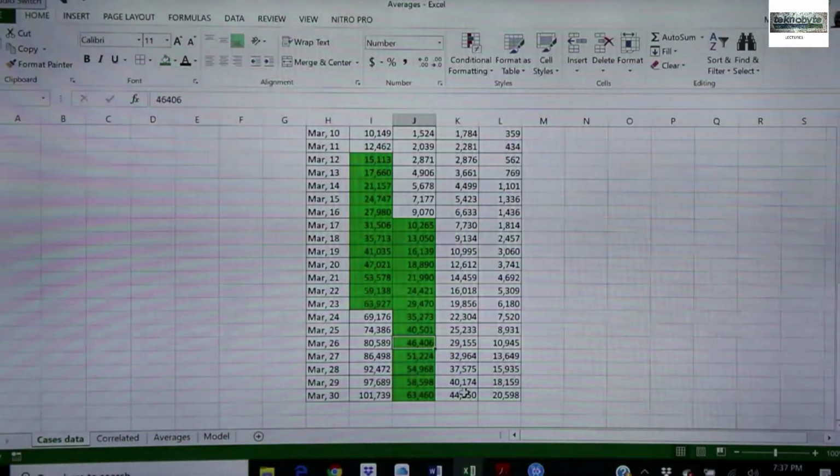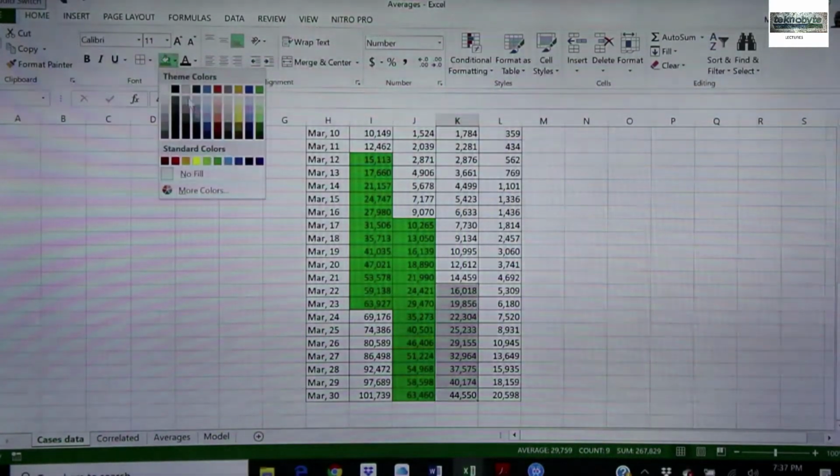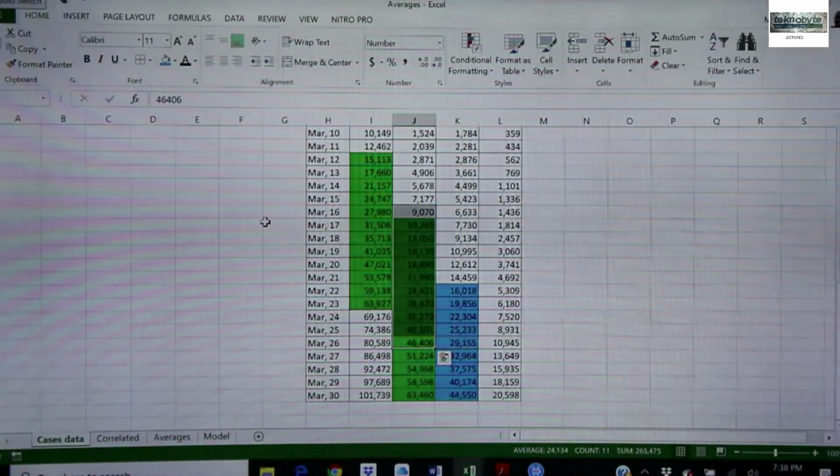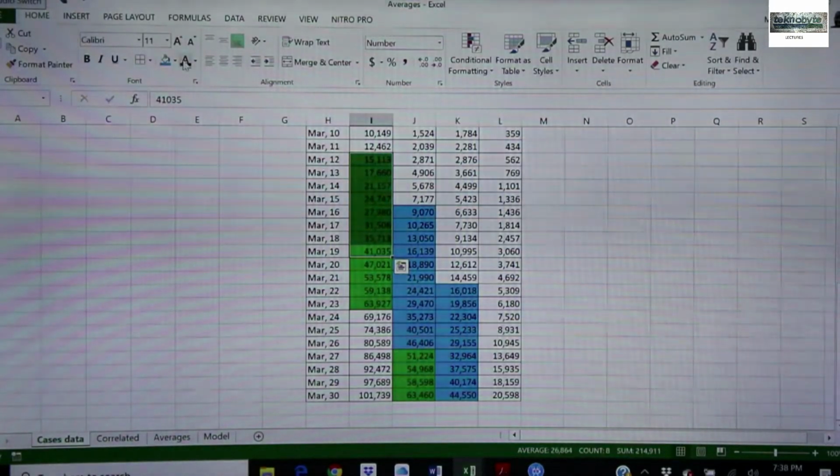So let me mark this going backwards. This I'll just mark with blue. And from around here, going backward, we mark in blue. And from around this one, we mark in blue. So you can see the trend going backwards from this side, this side and this side are beginning to become comparable.